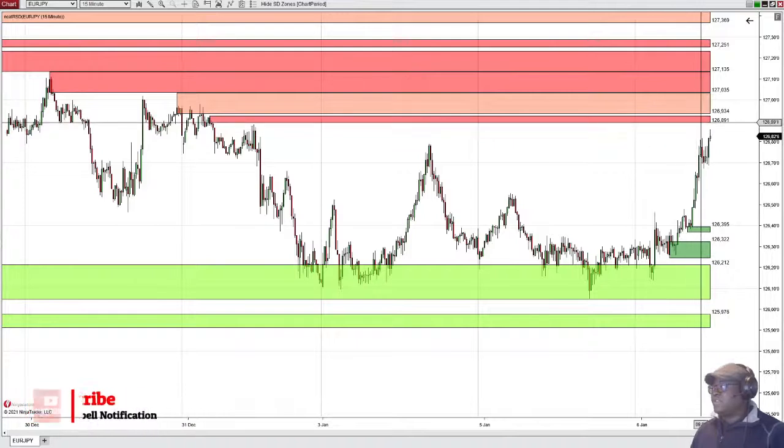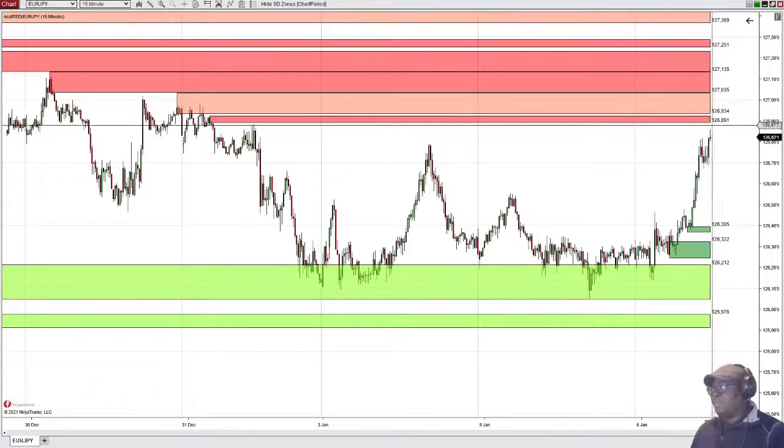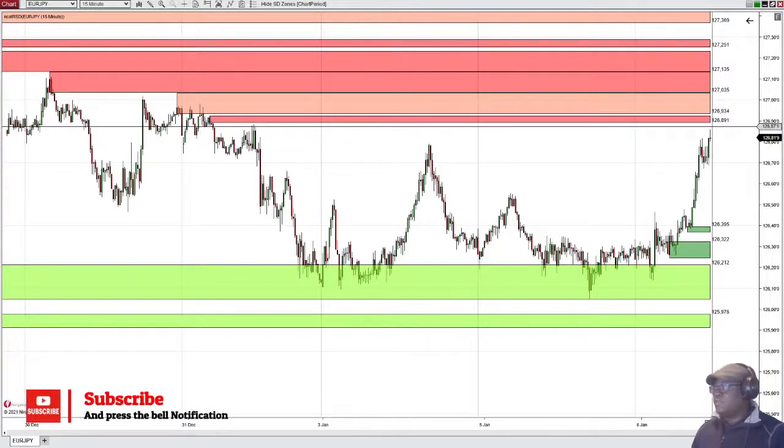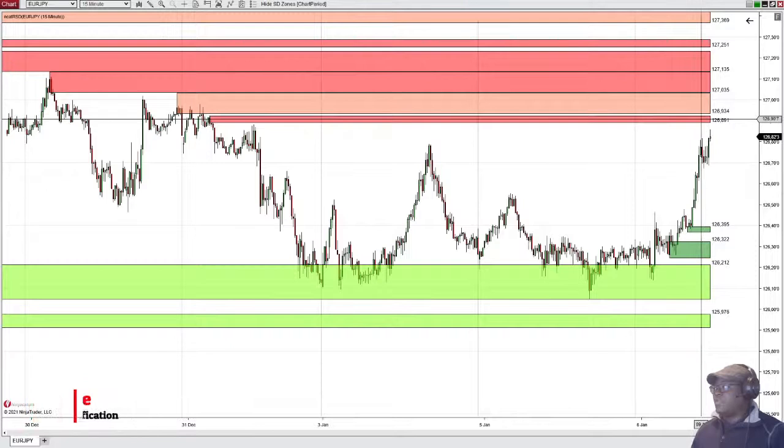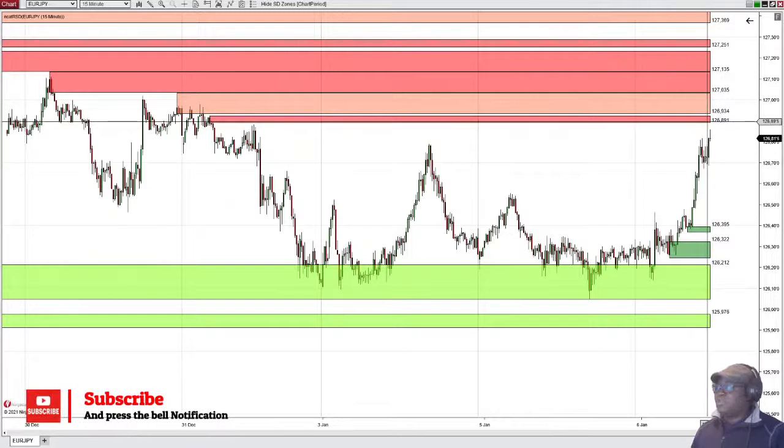So instead of me waiting for a pullback down and a higher close, I go aggressive. But when I go aggressive, my stop loss is small, and I'm going to enter with a reduced size, not full.